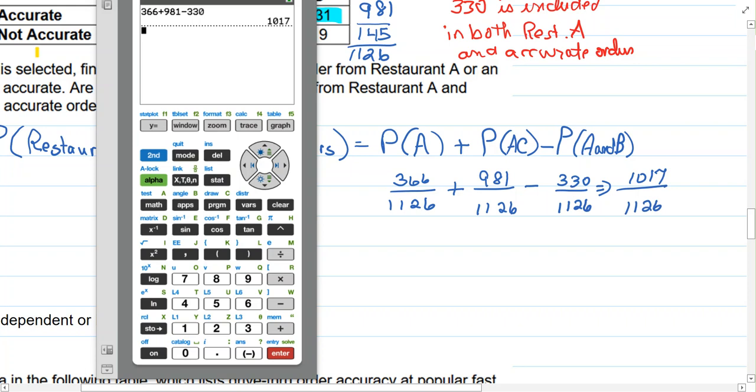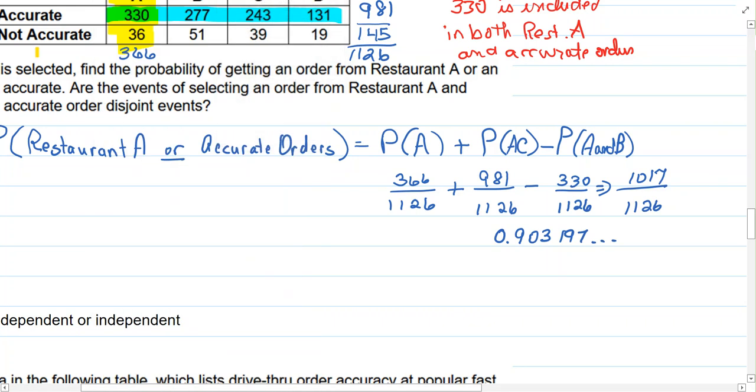All right. Well, we want the probability. So we need a decimal or a percent, whatever the problem asks for. But in this case, we want a decimal. So we're going to take that number and divide by the 1126. And we're going to get an irrational decimal value.